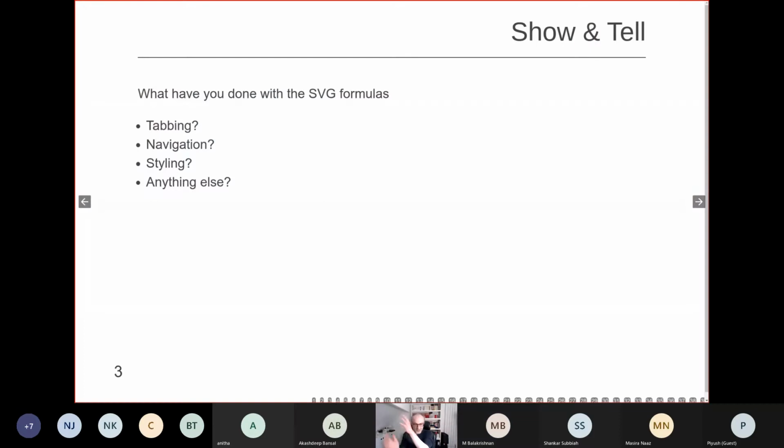No one? Nobody's played with the tab index, changed the order of the formulas, did a bit of styling? I went through the tabbing and navigation, all that. But I don't know what is expected out of it, actually.